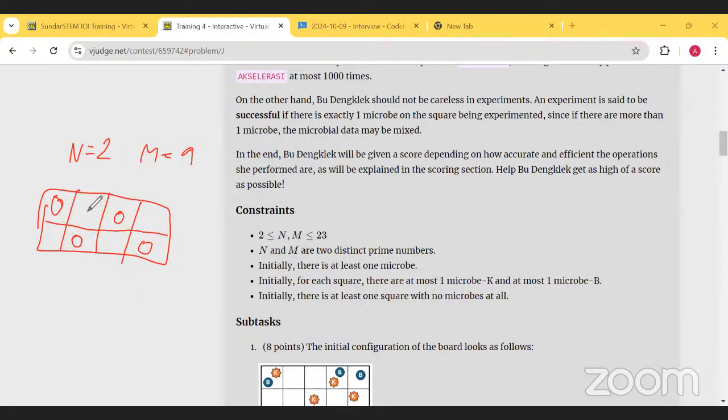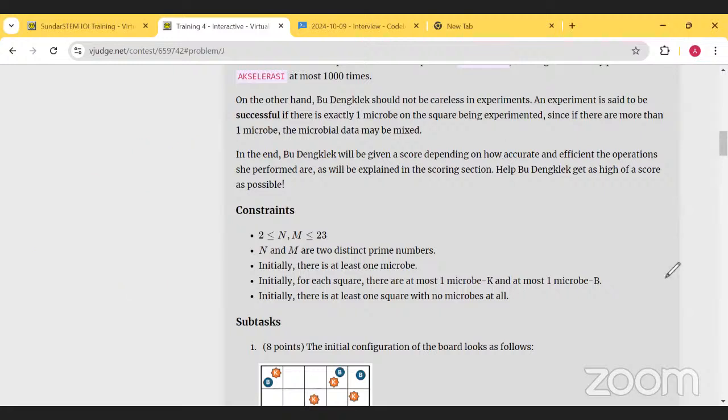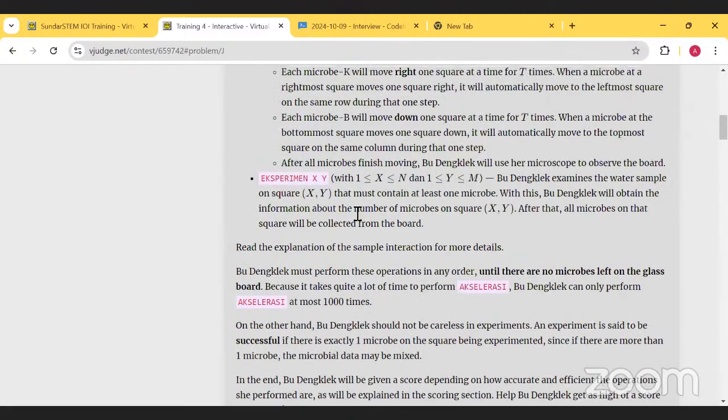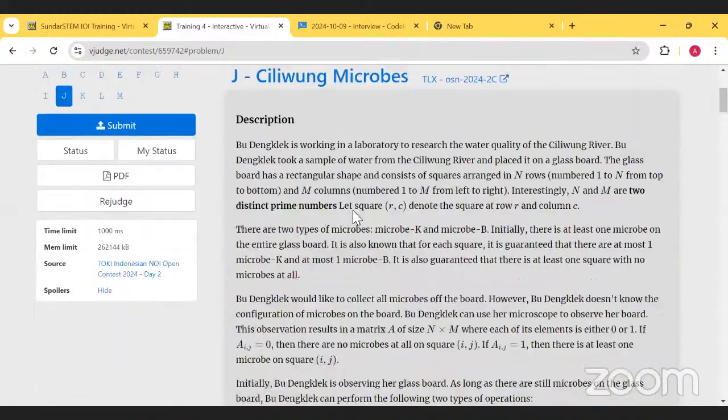Let's say we do a failure experiment here, do one failure experiment, and then we can solve the problem. Okay. Any other question?